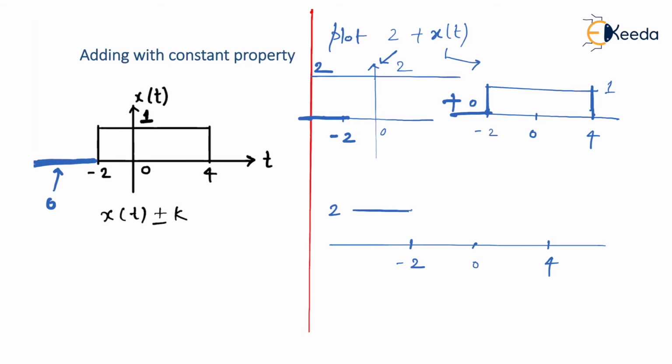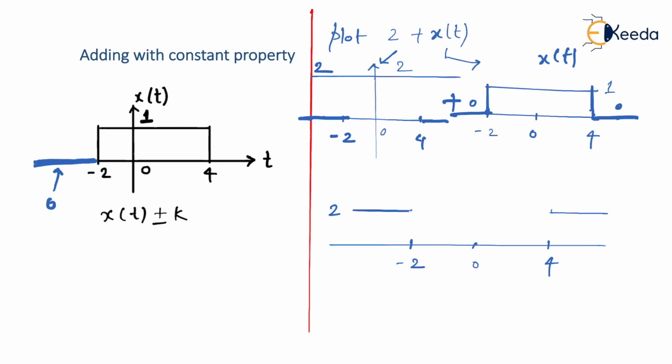Now look at t which is greater than 4. Our original signal x of t is 0 after 4. But here, even after 4, this 2 does exist. Therefore, this is 0 and it gets added with 2, and even after 4, this amplitude is going to remain 2. Now, I'll talk about x of t between -2 and 4.